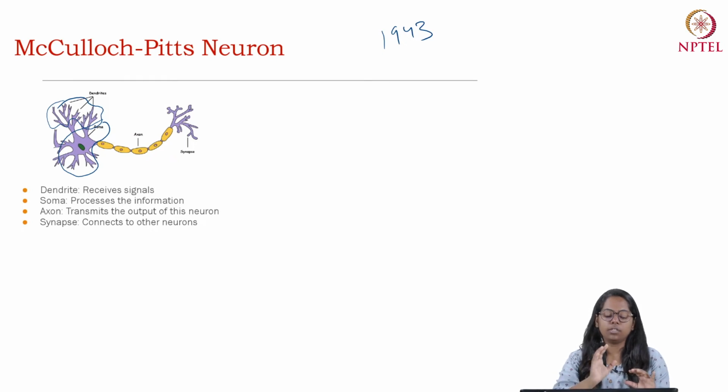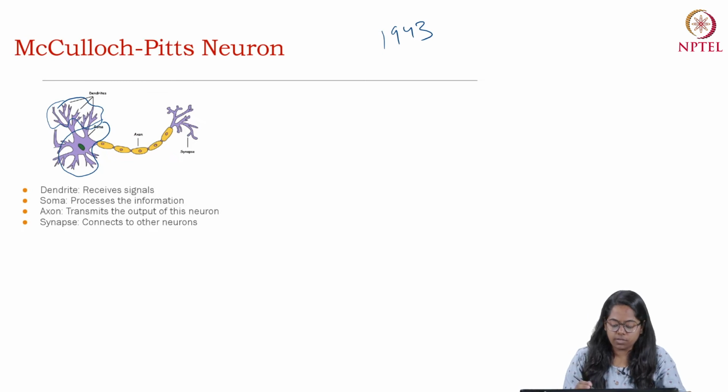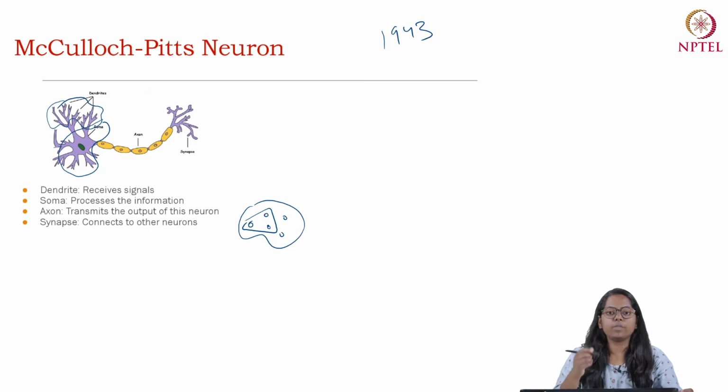Whatever the function of a particular neuron might be. For instance, suppose this is our brain, we might have different neurons for different purposes, right? So we might have these three neurons which basically decide whether the sound that we are hearing right now is of a baby crying or not. If the pitch of the sound is high, we say that yes, the baby might be crying.